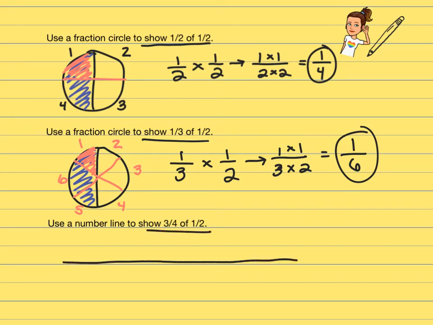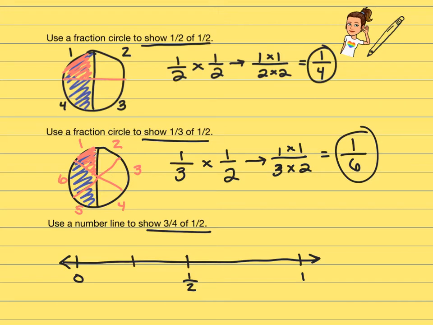Okay, let's draw a really long number line to give ourselves enough room. This is going to mark 0, and this tick mark is going to be the 1. We want to show 3/4 of a half. So we need to mark 1/2. Now we're going to show 3/4.